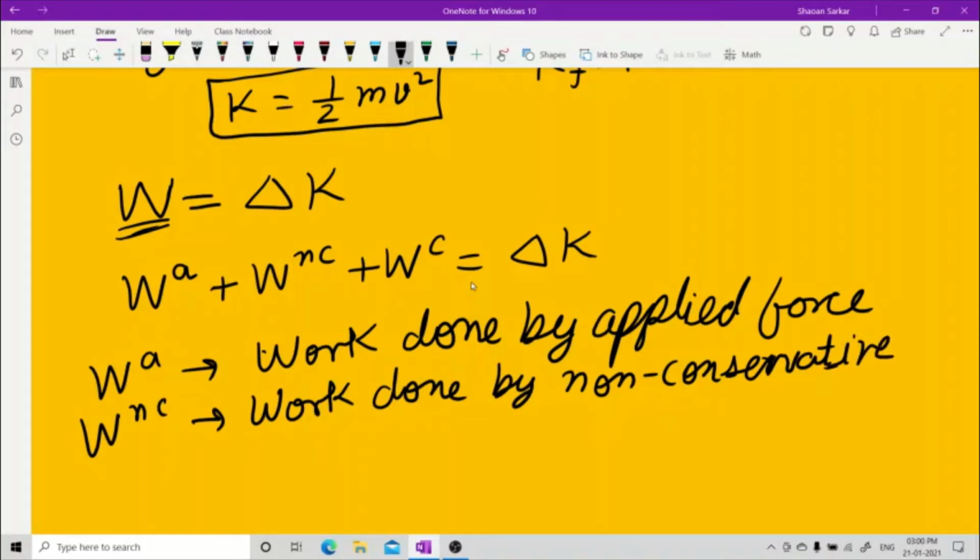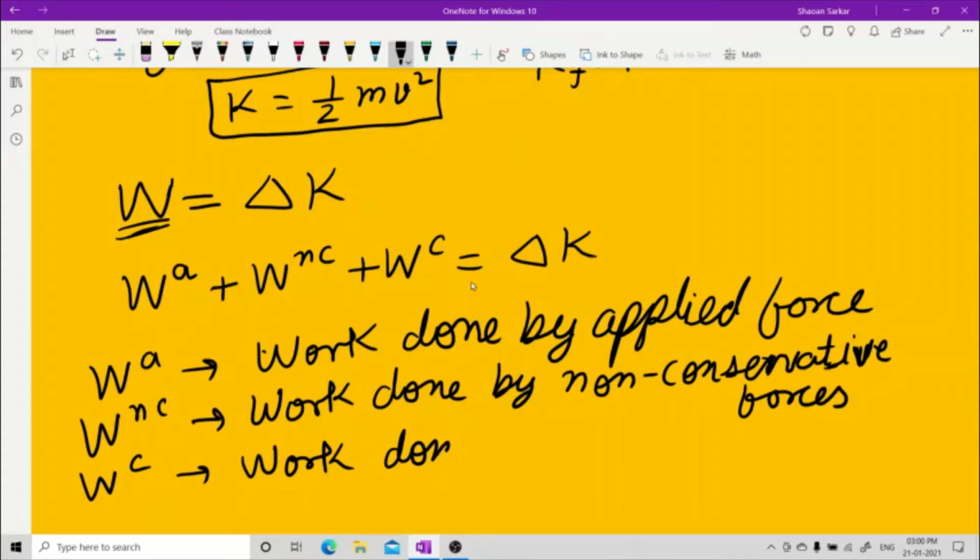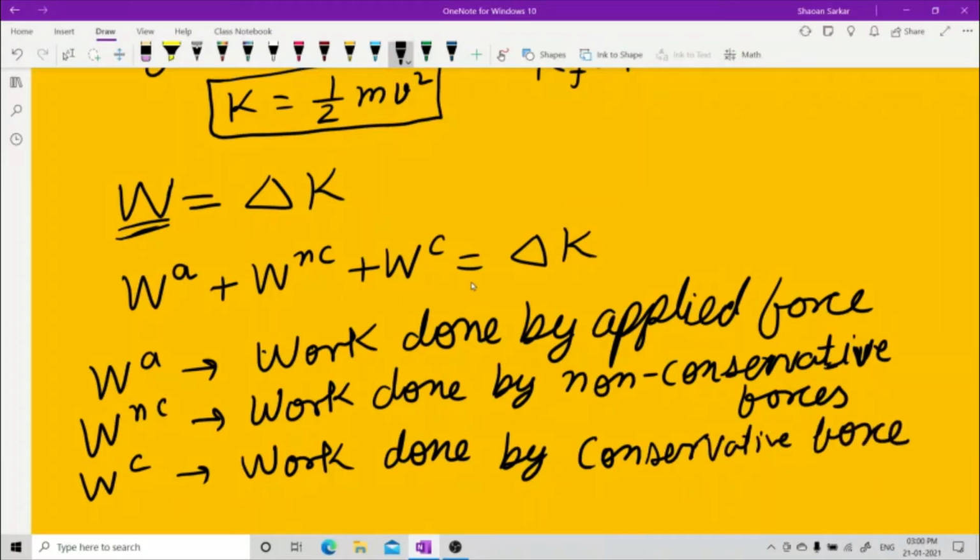The next is WC, work done by conservative forces. Now, see one thing.